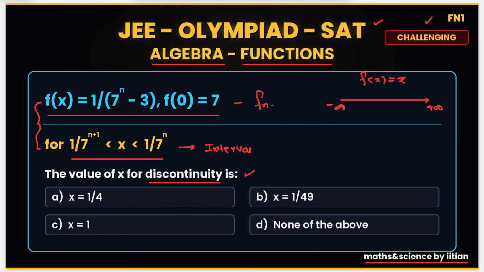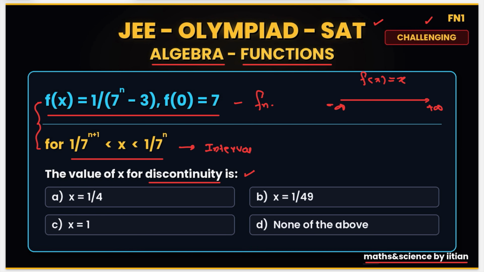and it's a piecewise function. What is the meaning of a piecewise function? In certain intervals, the function is defined in one way, and at certain value of x or certain interval, the function is defined in some other way.